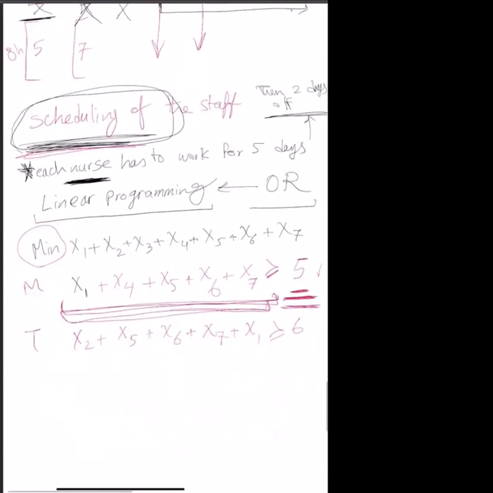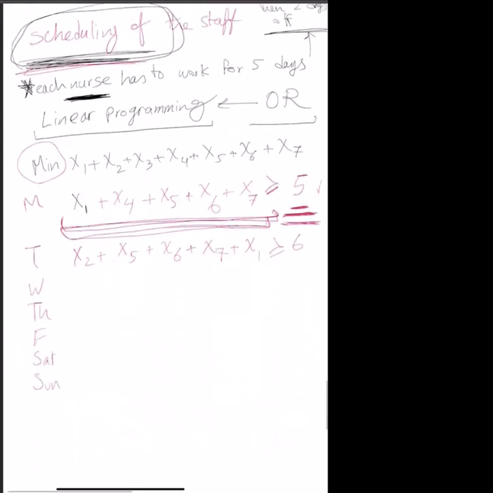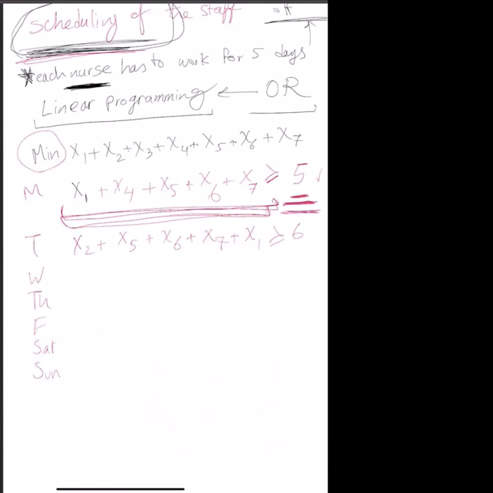And I'm going to continue writing that condition for Wednesday, Thursday, Friday, Saturday, and Sunday. And that will give me basically the linear programming.